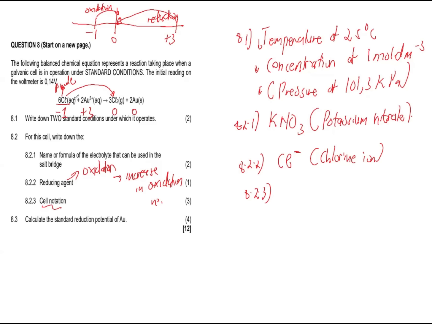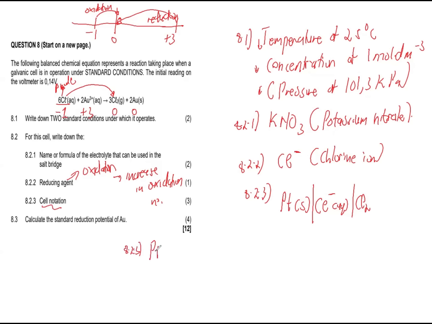So this is where we put the platinum as the electrode. So when writing our cell notation, we want to start with platinum, which is a solid. And then we have the Cl minus in aqueous, which is supposed to oxidize to give us the chlorine gas.